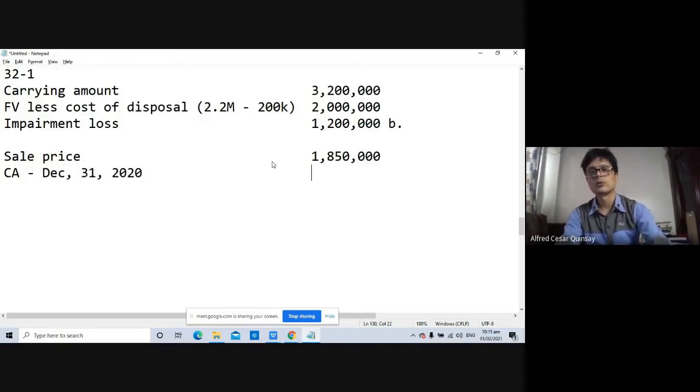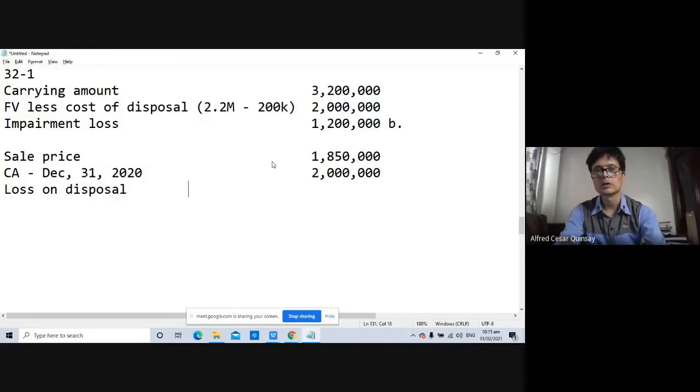Yung nakuha natin, 2 million. Ito na yung bago niyang carrying amount, 2 million. So, this is yung loss on disposal. Yung difference niyan, which is 150,000, negative. So, this is 150,000. Inuha lang natin yan.